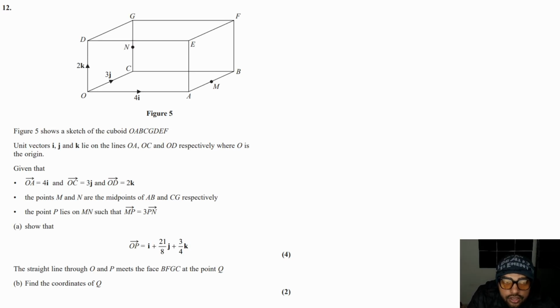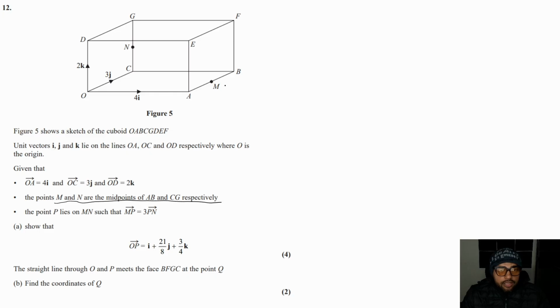Yeah, the next question is of vectors, students. They have given a certain cuboid here and we need to find the values. OA is equal to 4i, OC is equal to 3j, and OD is equal to 2k. In the second statement, they have mentioned that M and N are the midpoints of AB and CG respectively.